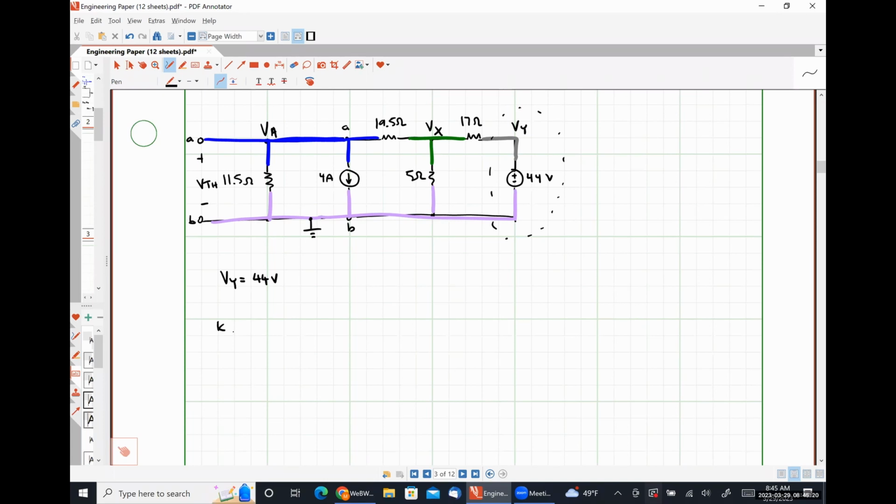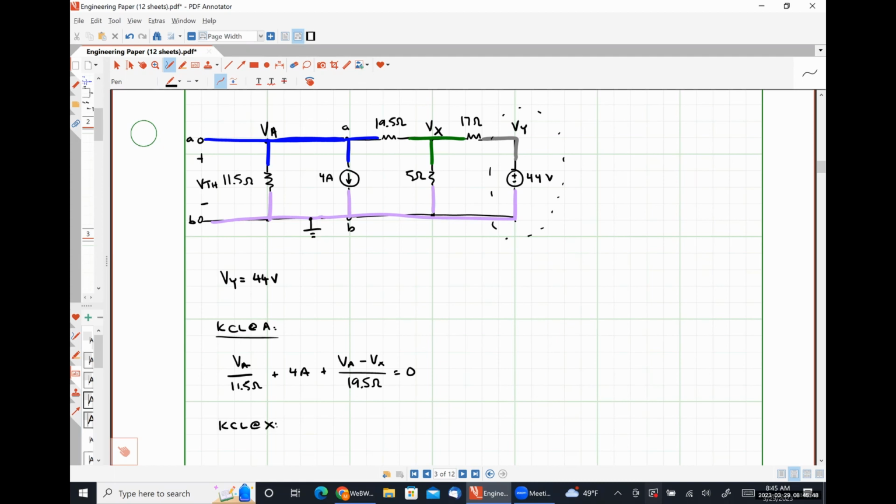So KCL at A is going to look like VA over 11.5 plus 4 amps plus (VA minus VX) over 19.5 is equal to 0. Bless you.